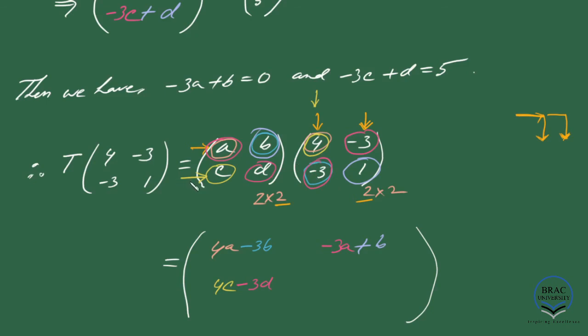So we still have this row selected, and we're going to change our selection for column. Now we are on this column. So now the first element of this selected row and the first entry of this selected column, we can select and multiply them. So that gives you negative 3 times c, so it's going to be negative 3c.